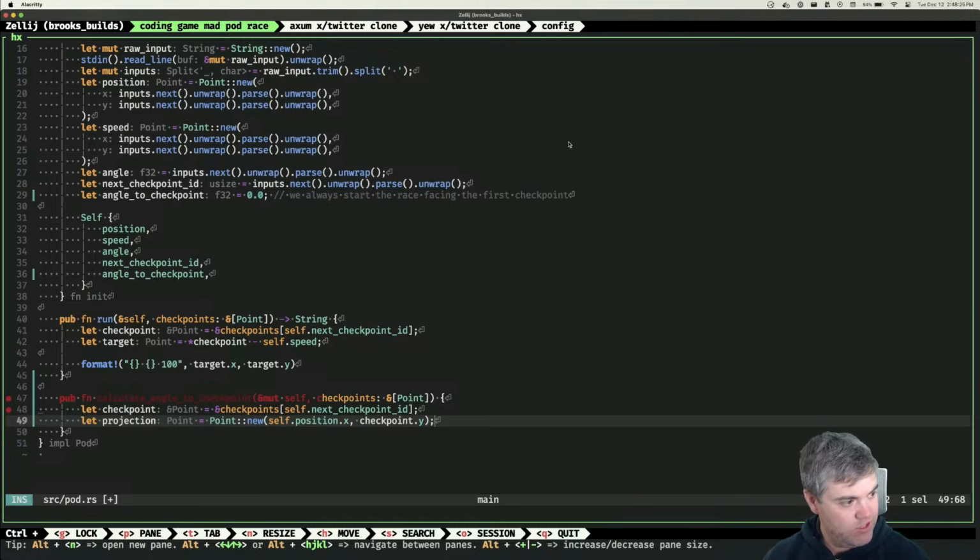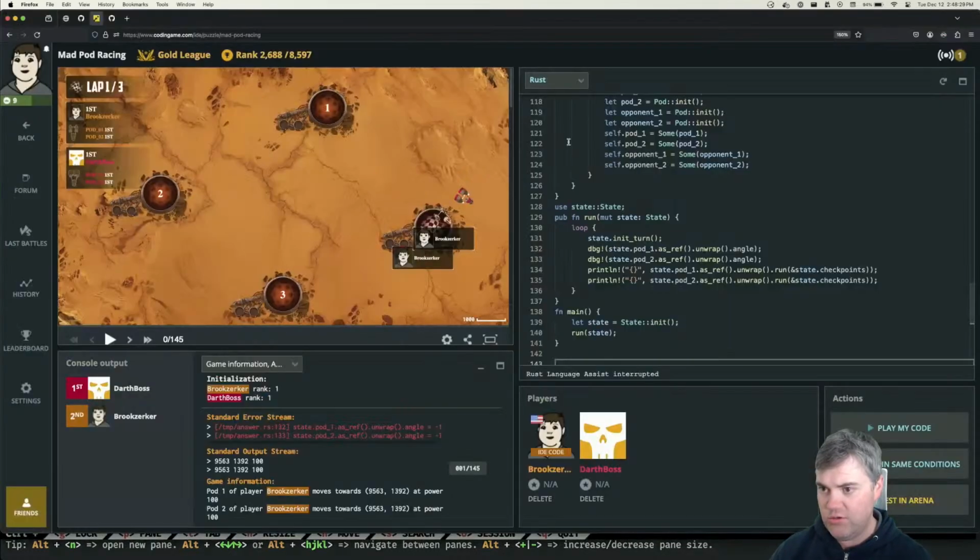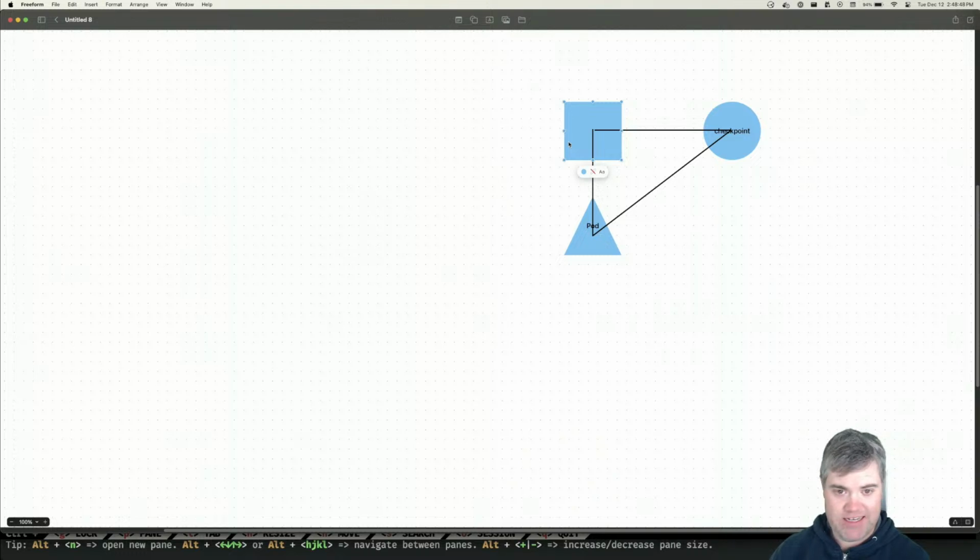Are you finding the angle with respect to orientation or velocity? I'm trying to find, ooh, you're right. That's a good point. I was just doing based upon position, but that's not correct, is it?